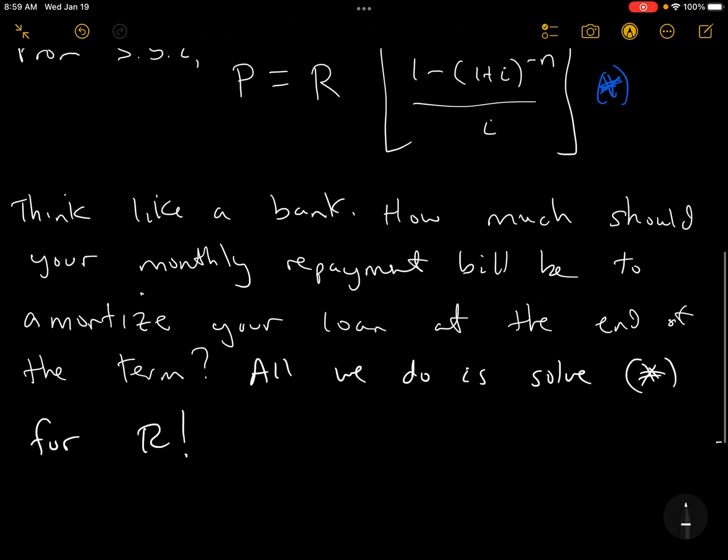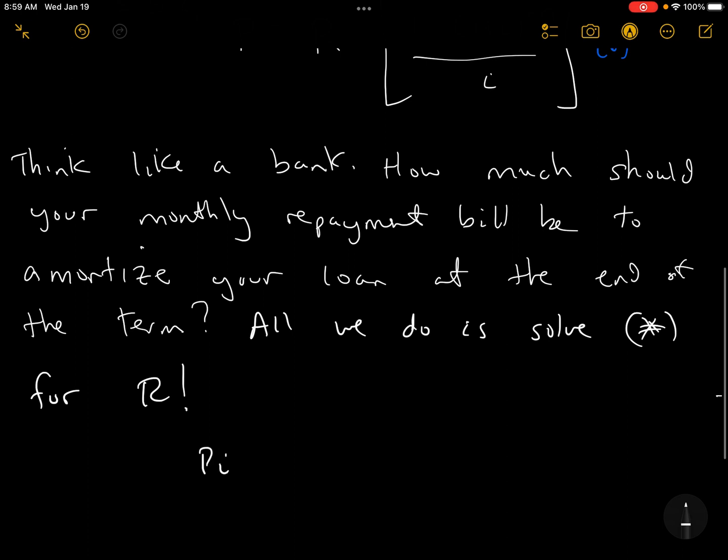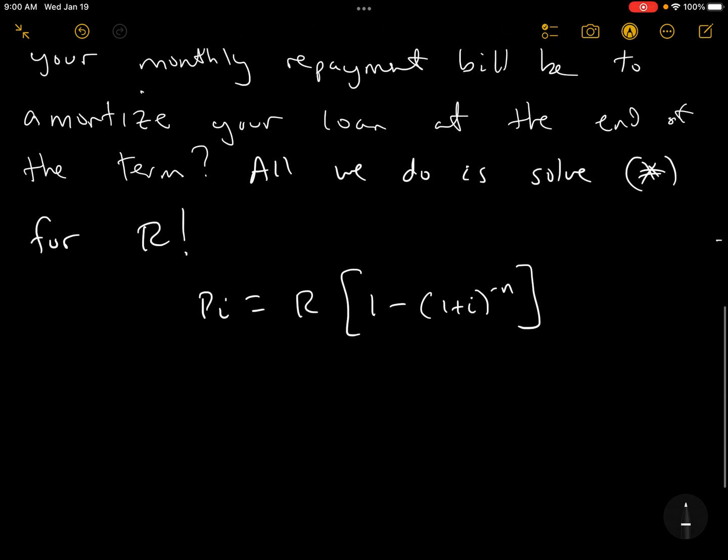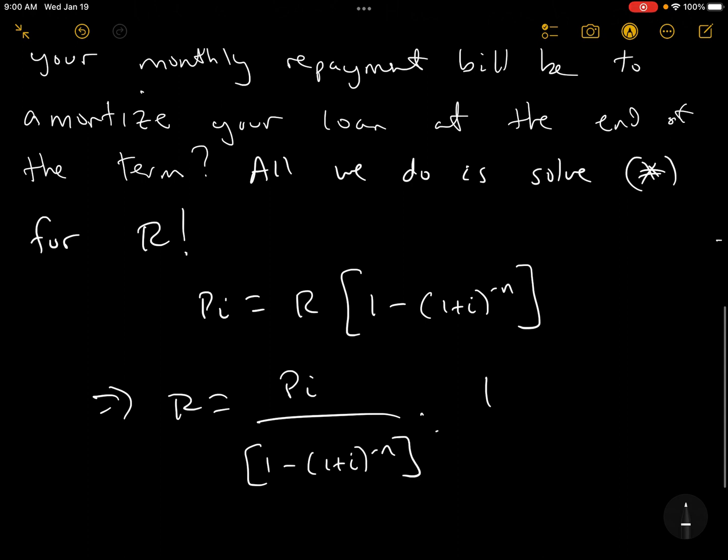So multiply both sides of the equation by I, and you get PI equals R times 1 minus (1 plus I) to the minus N. Dividing by that number, you get R equals PI over 1 minus (1 plus I) to the minus N, like that. And this is your monthly payment.